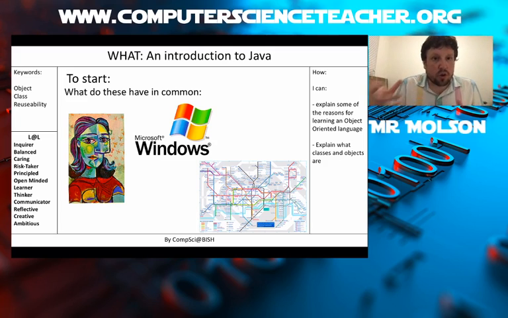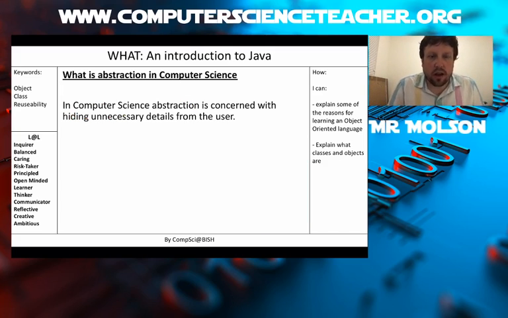Now we're going to talk a bit more about why Windows is there and why that's an example of an abstraction. Windows is a lot more specific to computer science, which is what we're talking about. Windows is an example of an operating system, and an operating system is a great example of abstraction. Why?